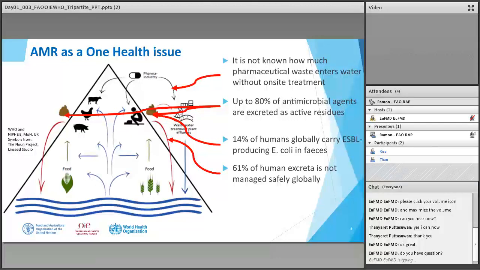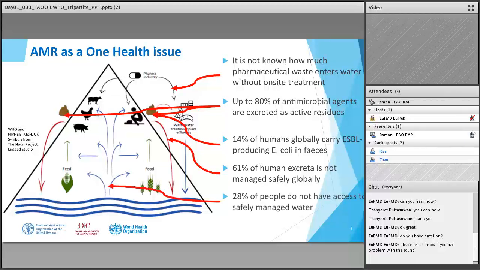Globally, according to the Joint Monitoring Programme, 61% of human excreta is not managed safely. And finally, on water, about 30% of people do not have access to safely managed water. So there is huge potential for circulation of residues and resistance through the environment.